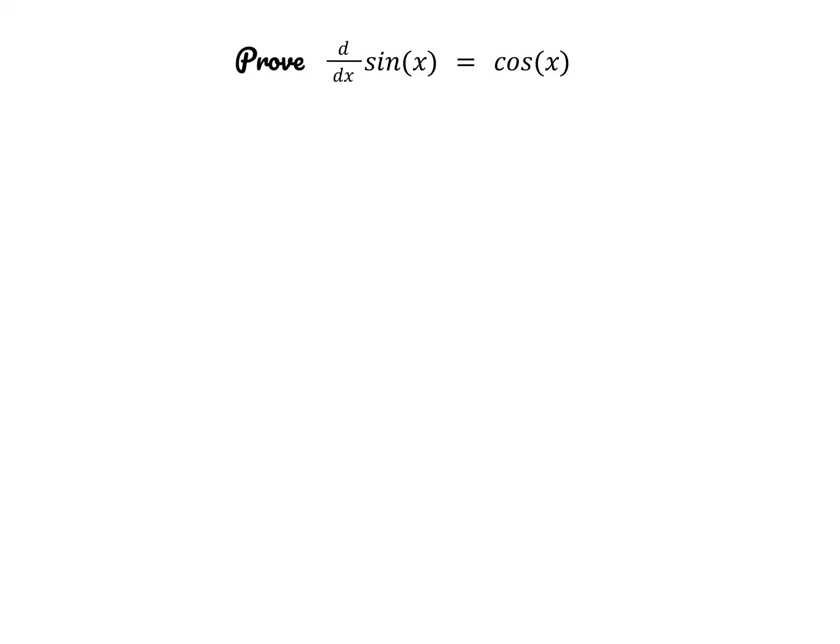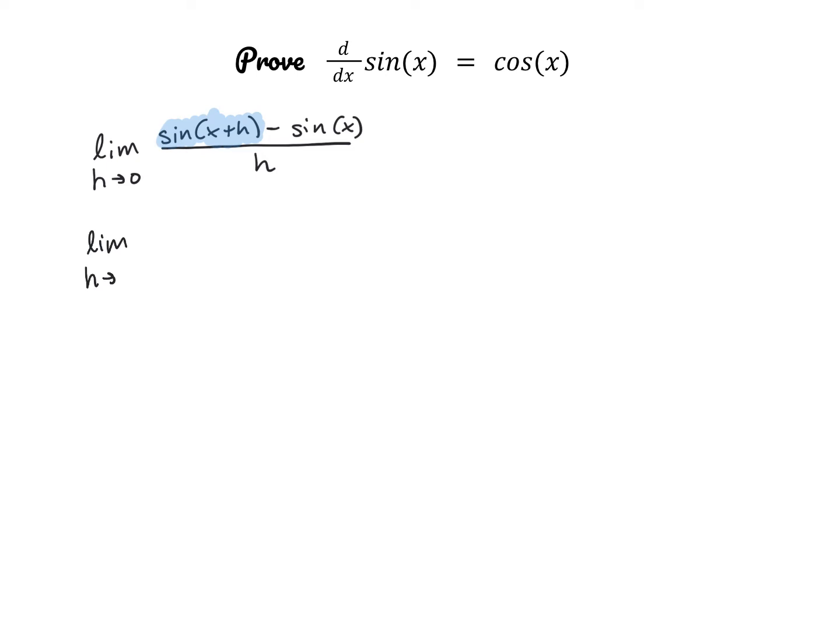All right, let's start by proving the derivative of sine. So we are going to use our formal limit process. So the limit as h approaches 0 of sine of x plus h minus the sine of x, all over h. So to evaluate this limit, we can start by expanding this expression using our sum formula that I reviewed on that first slide.